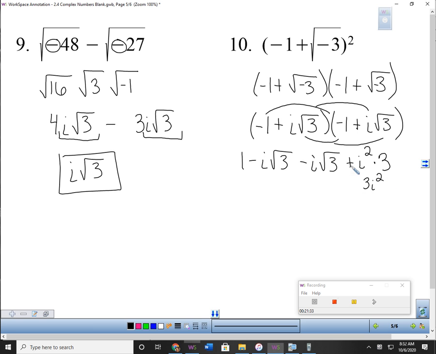And then what's going to happen to this positive 3? It's going to change to a negative 3 because this is a negative 1. So negative 1 times 3 is negative 3. Then you're going to put these together. So 1 and negative 3, that gives you negative 2. And then I have a negative i square root of 3 and another negative i square root of 3. So that gives me negative 2i square roots of 3.